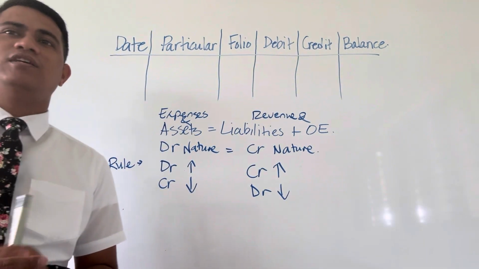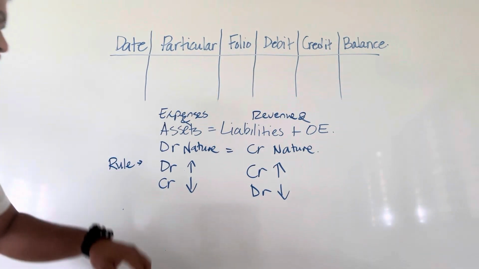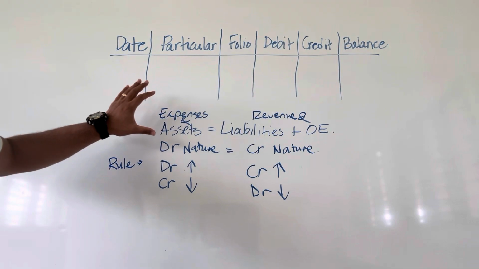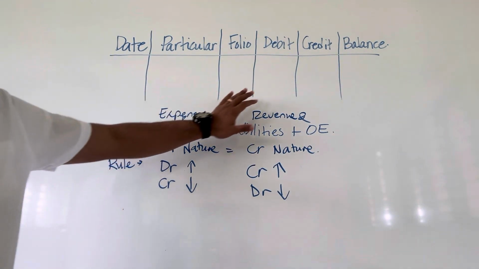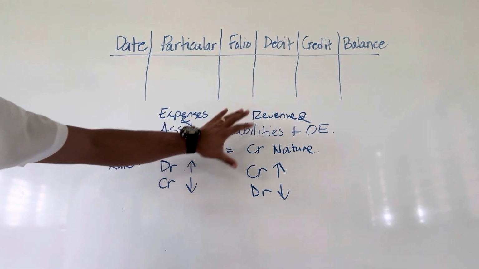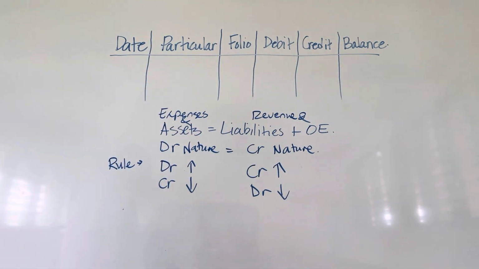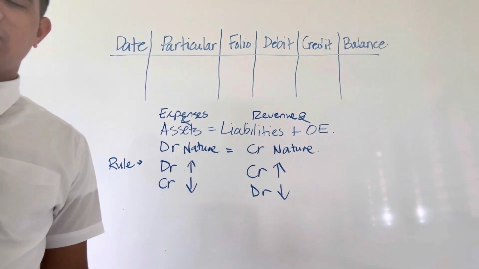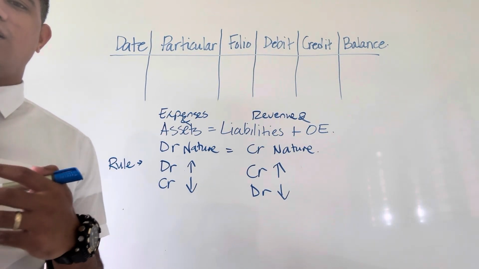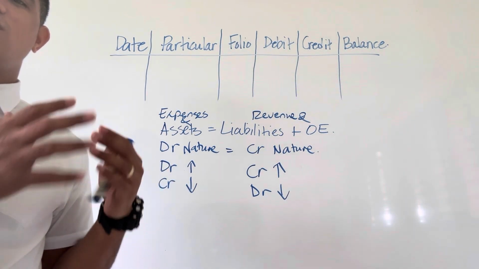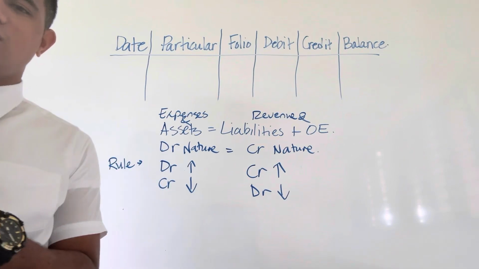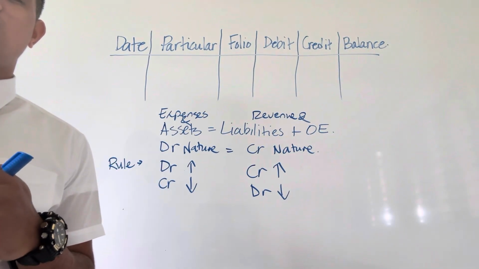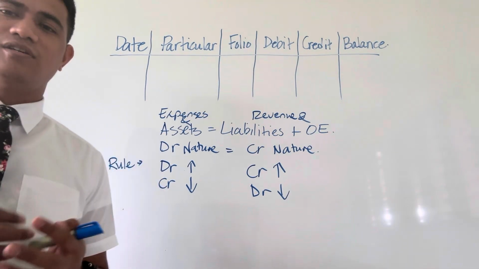For any transaction, we identify whether the accounts are assets, liabilities, or which financial element, and which accounts are affected. Every transaction affects at least two accounts, one debit account and one credit account. There should always be a credit entry for every debit entry.